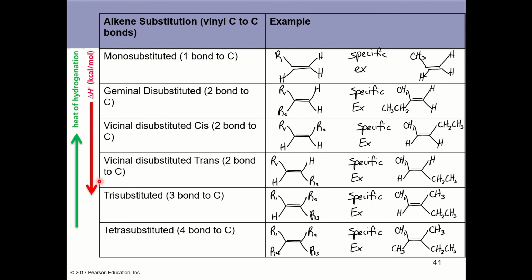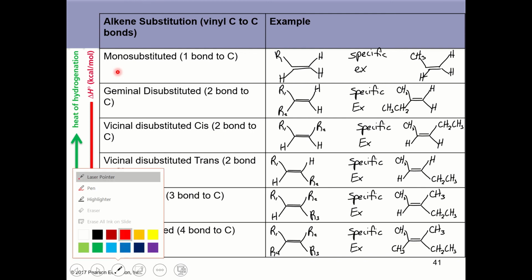And as you move towards more substituted, the enthalpy increases. And what this is actually meaning, we're going to look at an energy graph. The tetrasubstituted has a lower energy than the monosubstituted. So having more bonds from a vinyl carbon to a carbon is considered more stable.